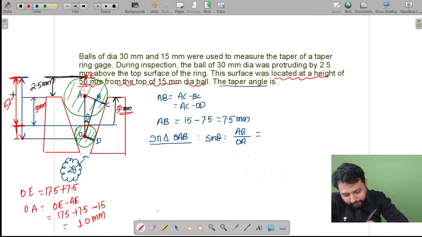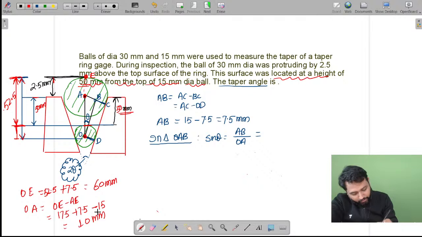This will be total 52.5 mm. And yes, then it will become OE value. You look at this from O up to E, it will become 52.5 plus 7.5. Yes, and this is going to be equal to 60 mm.